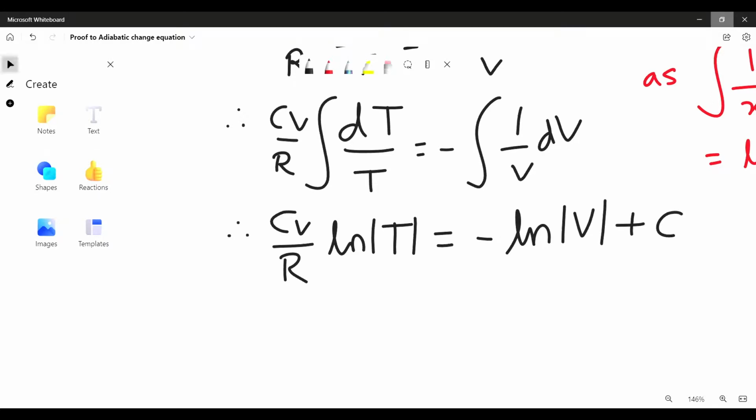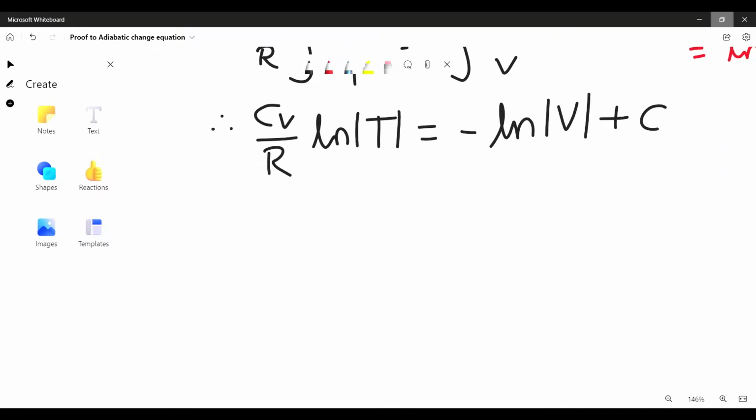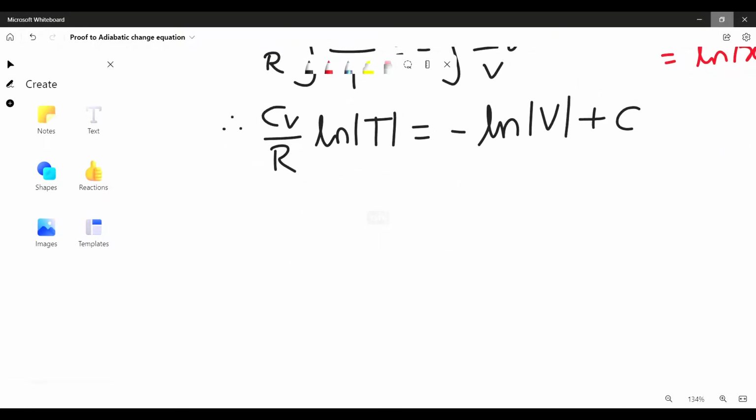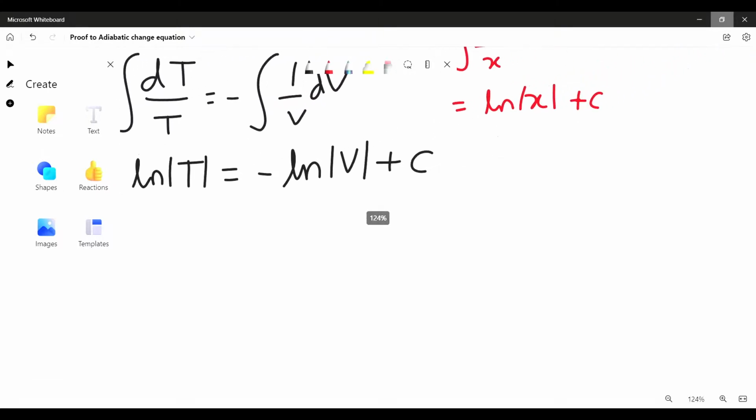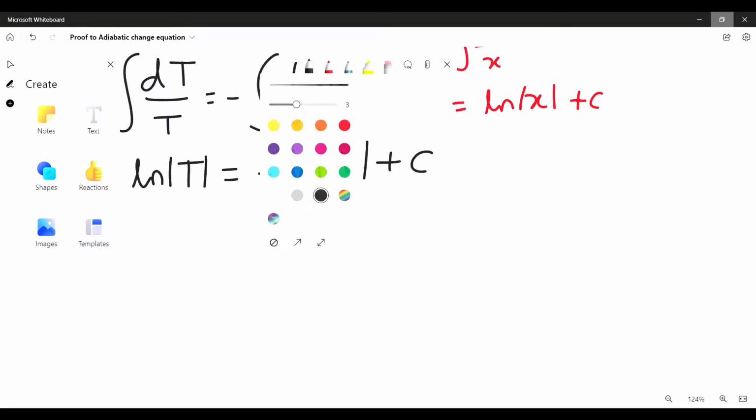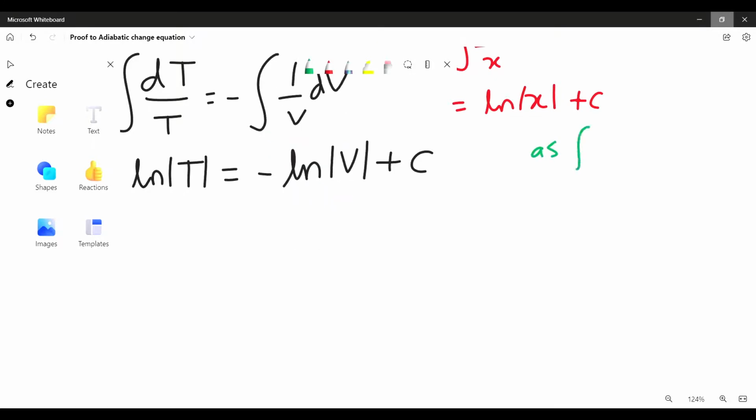That's what we get. And we already see we have an expression in T and V, so we can just rearrange. But before we do that, we can use another thermodynamic piece of knowledge we know for a monatomic gas.